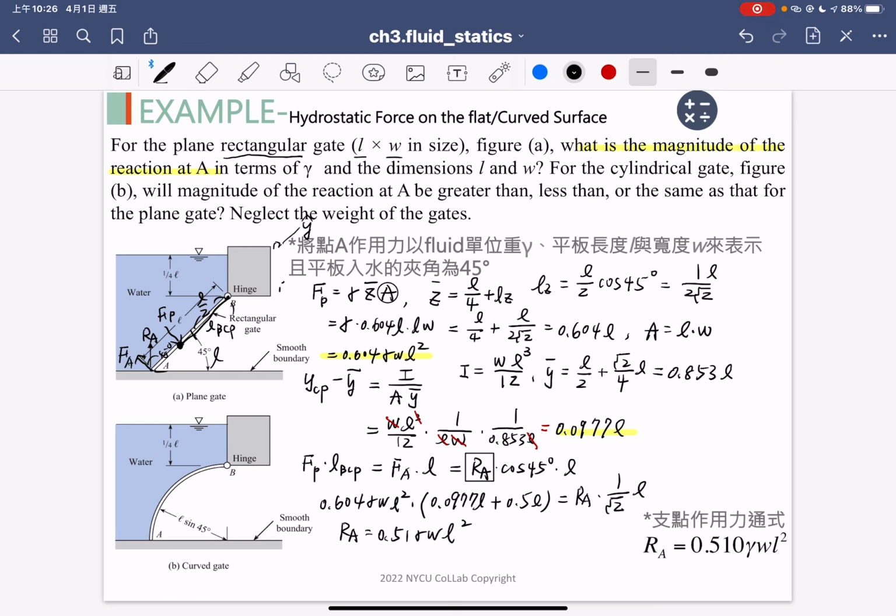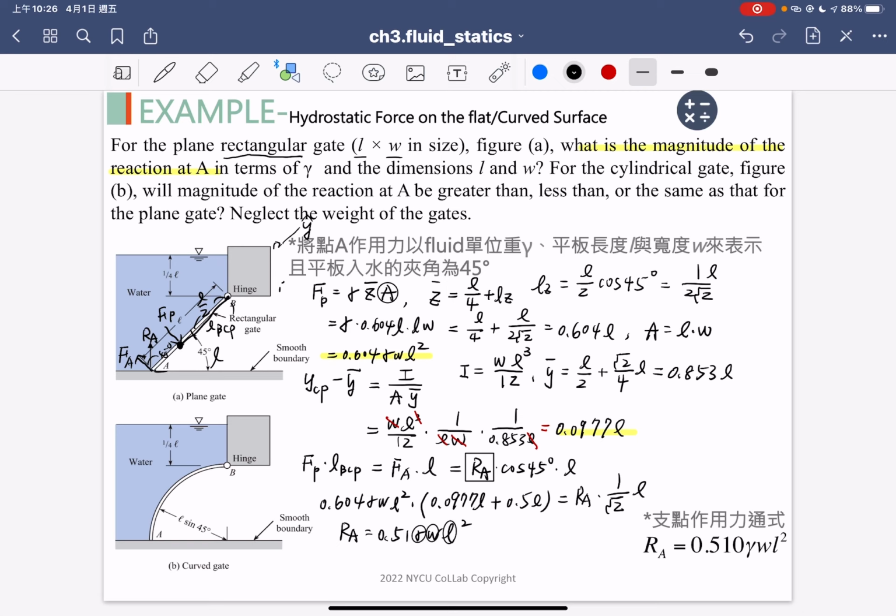So for this question, you can understand what the reaction force is. The reaction force is a function of gamma. It depends on what kind of liquid you use, and on the length and the width of your plate.